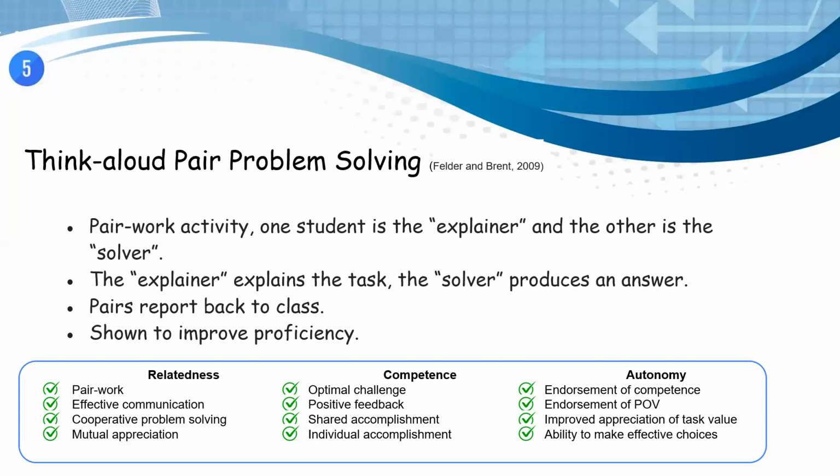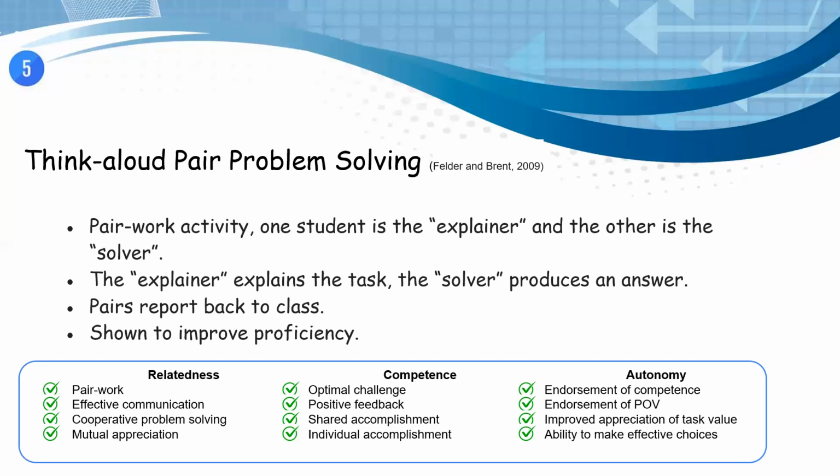The explainer should not simply give up the answer. Instead, the solver should try to work through the problem verbally, work through their thought process verbally with the explainer, so that they can cooperate and the solver can arrive at the preferred answer.